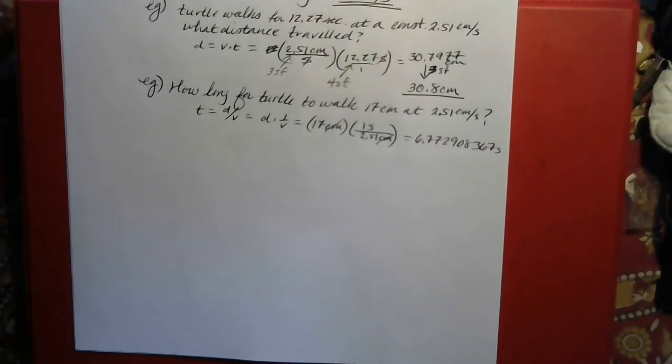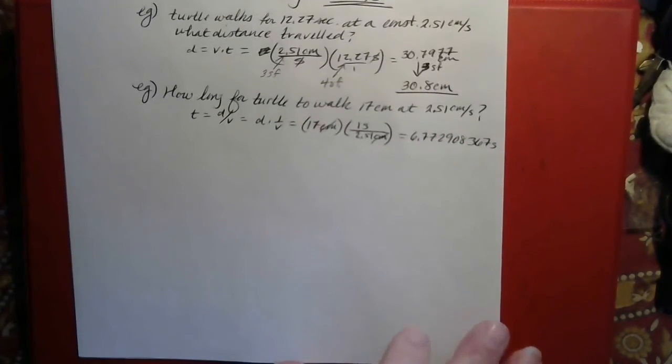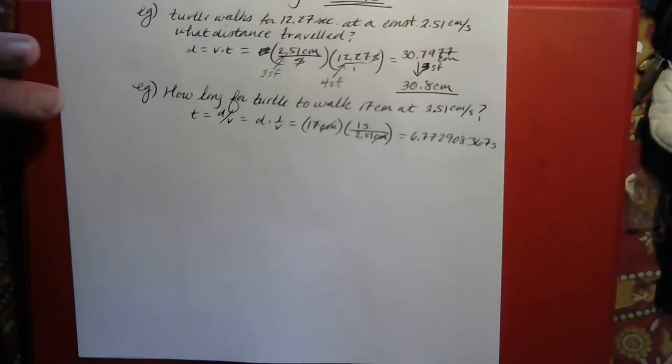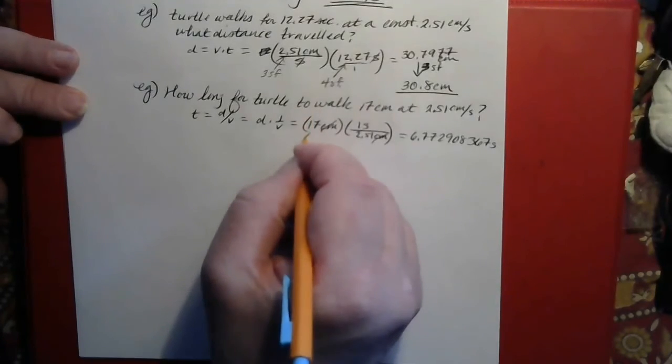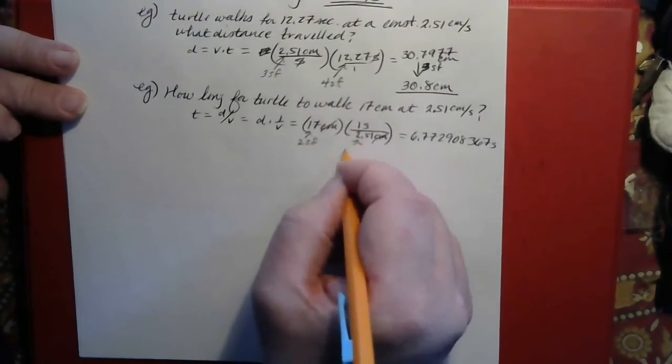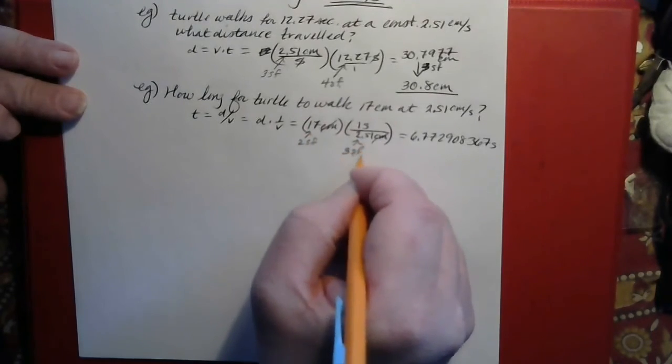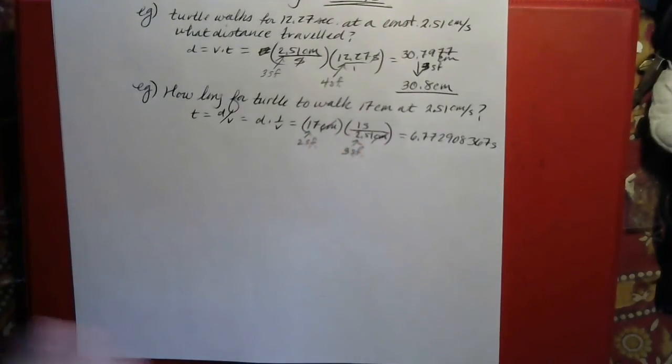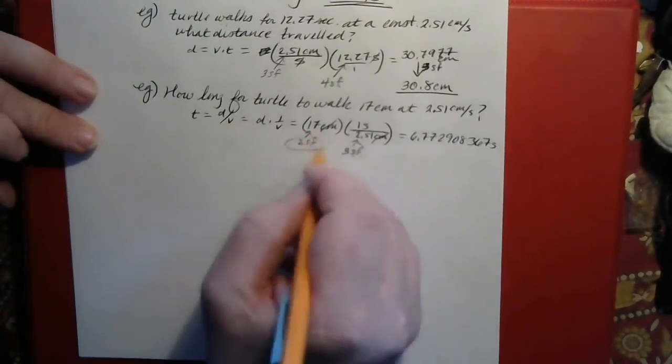And your calculator will give you this number, 6.772908367. Too many significant figures, obviously. 17 is only 2, and 2.51 is only 3. So 2 significant figures is what we need for the answer.